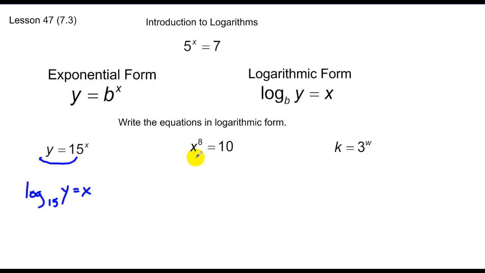So here's the base of x. I slide it under the 10, and that's the side I add the logarithm to. So I have log base x of 10 is equal to 8. Likewise here, 3 is my base. Slide it under the k and add the log to that side. So I have log base 3 of k is equal to w. And still, I have no idea what this logarithm thing means, but we'll get there in a second.